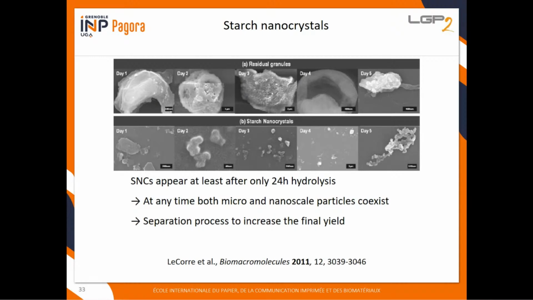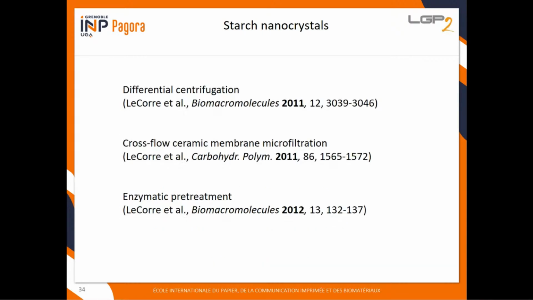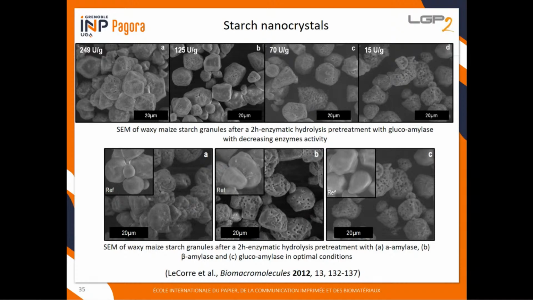So we thought about a separation process to increase the final yield, and we tried different options. Differential centrifugation, which was not very successful, cross-flow ceramic membrane microfiltration, and enzymatic pretreatment. I will show you just this enzymatic pretreatment.